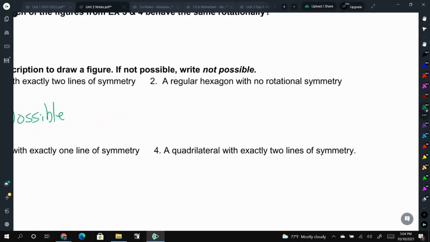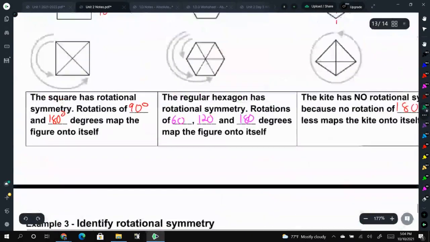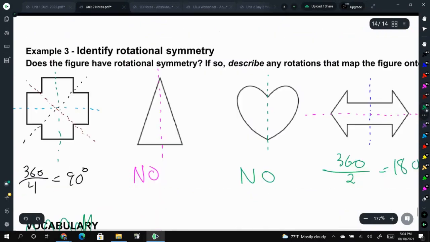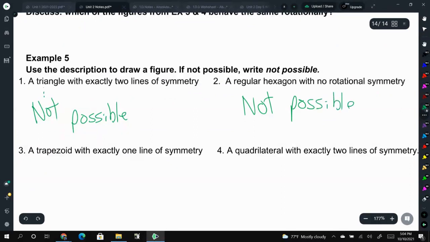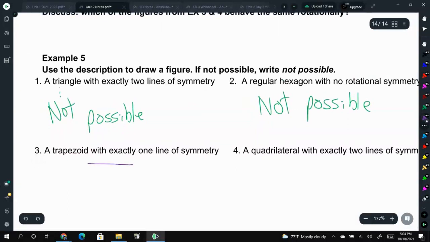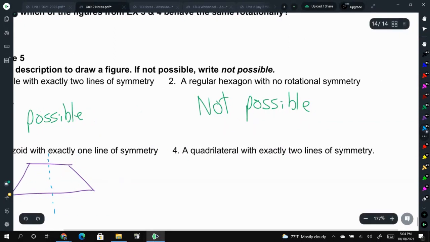A regular hexagon with no rotational symmetry. Well, we just found out that a regular hexagon has 60-degree rotational symmetry, so this is not possible. A trapezoid with exactly 1 line of symmetry. We did that at the very beginning. A trapezoid that looked like this had 1 line of symmetry going straight down.